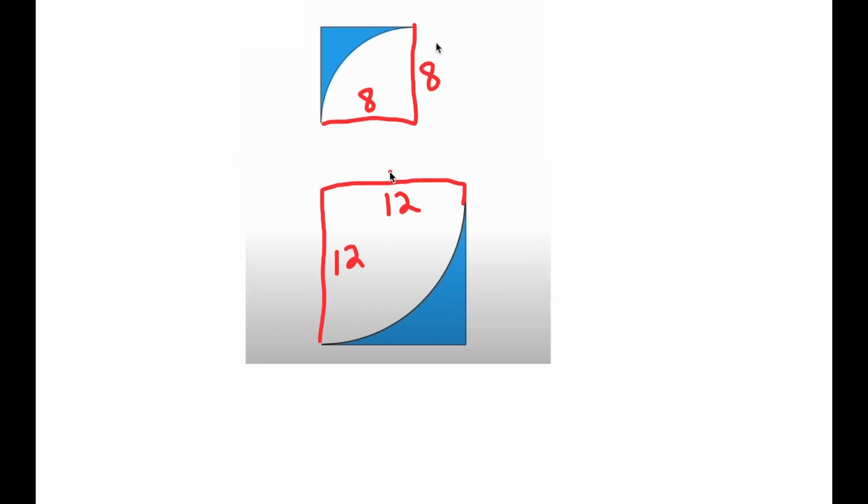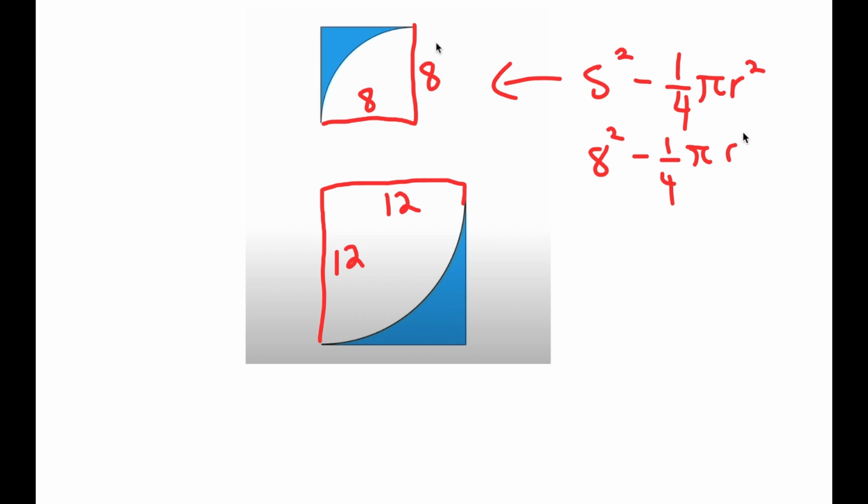So now that we know this, the area of this cube right here is going to be s squared minus this semicircle. And the area of the quarter circle is going to equal 1 over 4 pi r squared. So we know that s, the side length, is 8, meaning I get 8 squared minus 1 over 4 pi r squared.